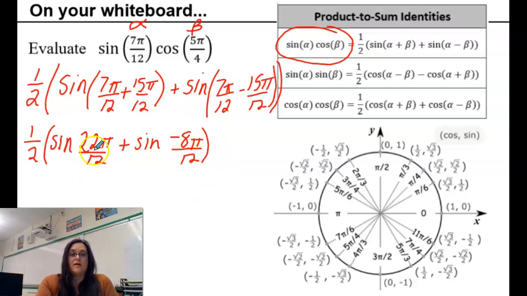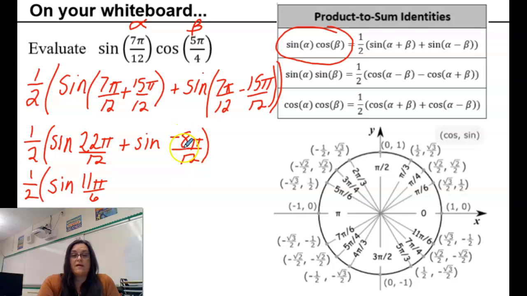Okay, these are even, 22 and 12, so we can reduce that angle to be 11 pi over 6. And same thing for negative 8 pi over 12. Let's fix that, 11 pi over 6.